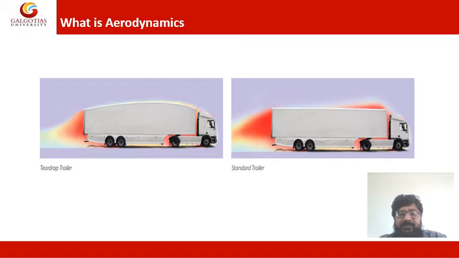Again, a standard box type trailer will produce a large zone of wake at the back which creates pressure drag, while an improved design in which the trailer takes the teardrop shape produces less drag.